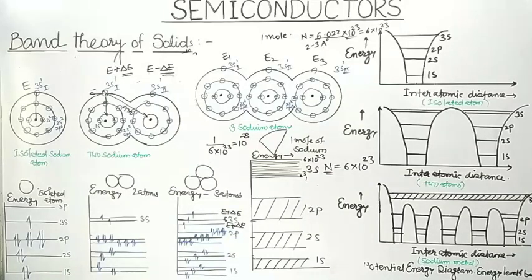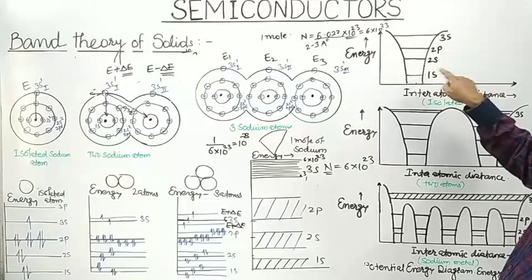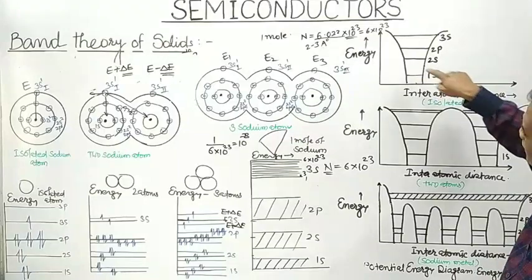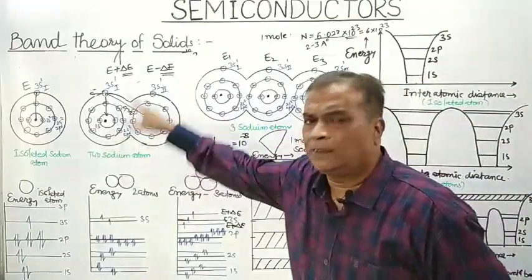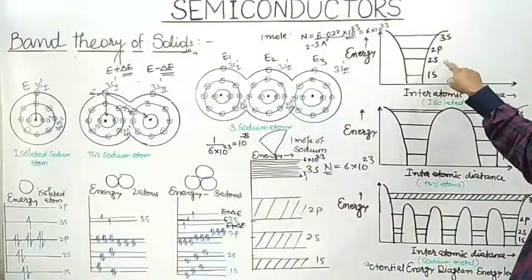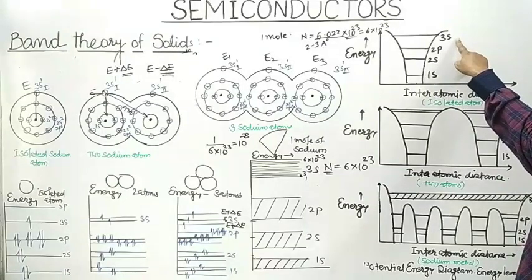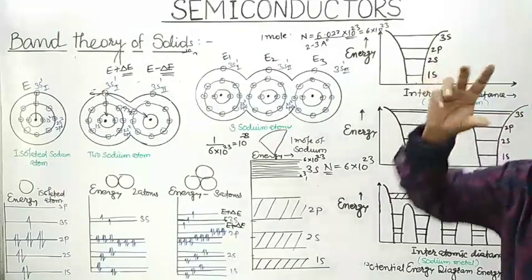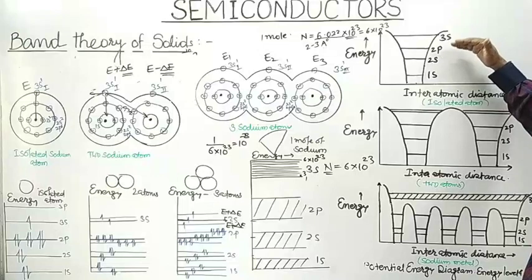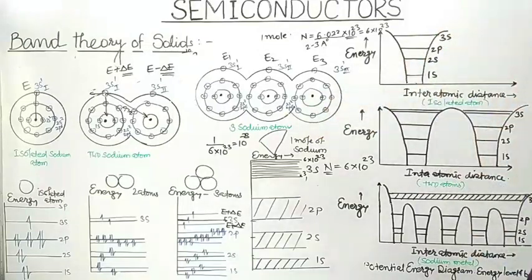Now look at this figure. Here I have shown the energy levels of electron in different orbits. 1s, 2s, 2p, 3s. They represent the allowed energy levels of an isolated sodium atom.